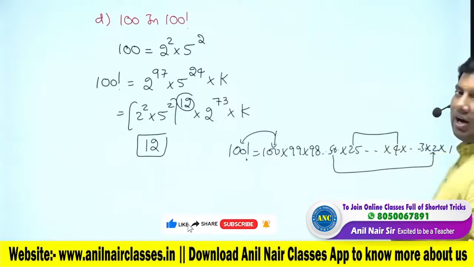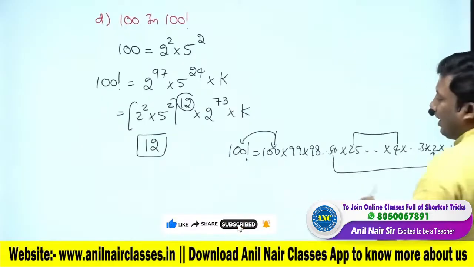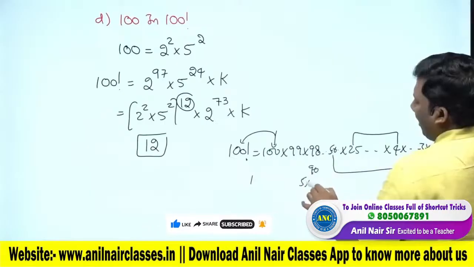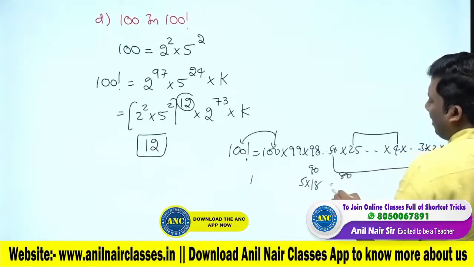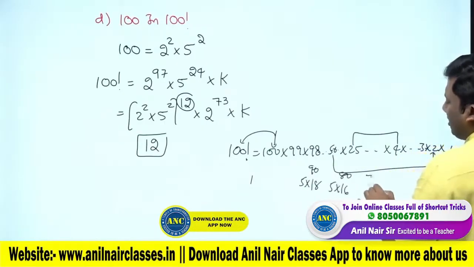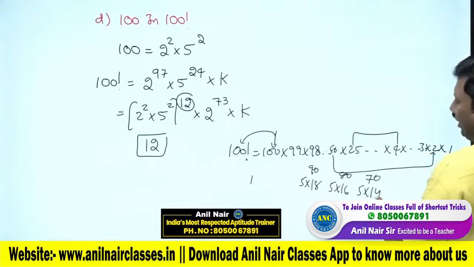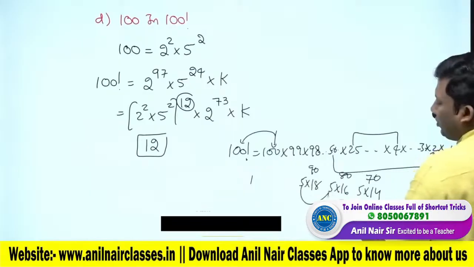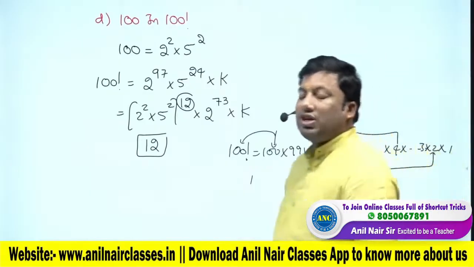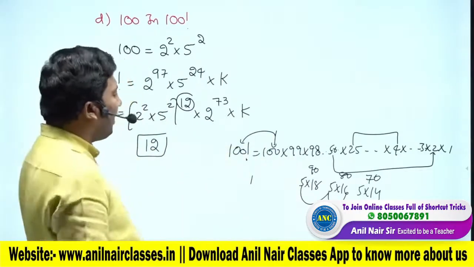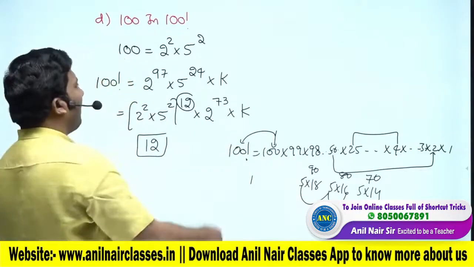Like that, there are a lot of possibilities that will arise. In between, 90 has 5 into 18, 80 has 5 into 16, 70 has 5 into 14. Here, 5 into 5, 25, and 25 into 16 is a multiple of 200. There are so many powers of 100 that we are getting in 100 factorial.